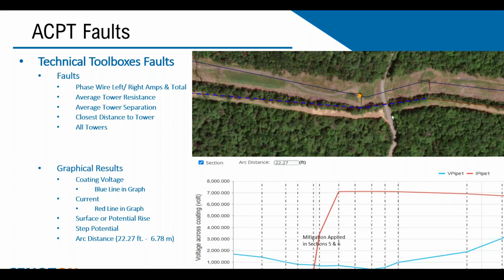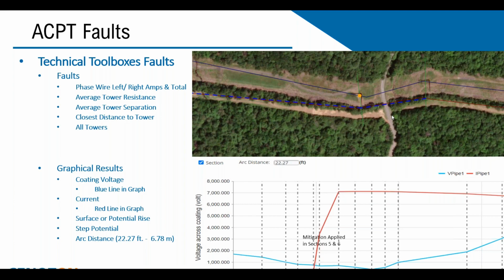We need to think about those things. And then we look at average resistance of the tower to ground and tower separation, closest distance to the tower, and so on and so forth. And as I mentioned, all towers. And the graphical results are pretty evident.